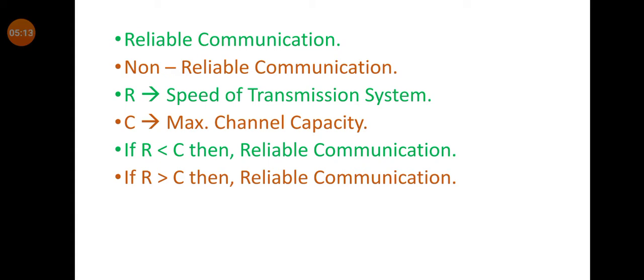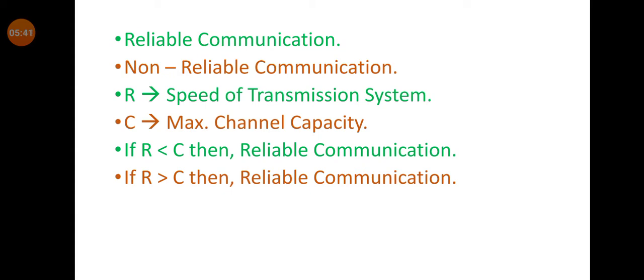In reliable communication, whenever we transmit information, if any error occurs, then that error is recovered by proper coding. In general, we can say reliable communication means error-free communication, and non-reliable communication means communication with few errors.